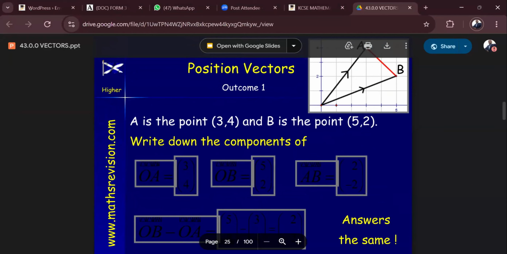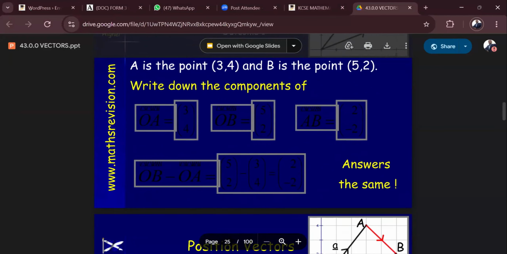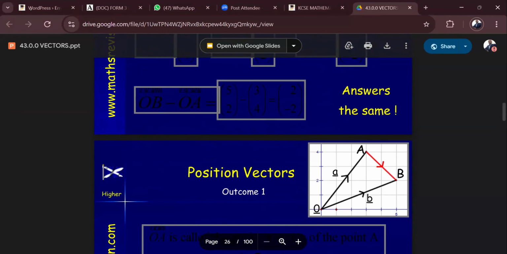So vector AB is OB minus OA, which is (5, 2) minus (3, 4) to get (2, -2). That is how we get that vector.